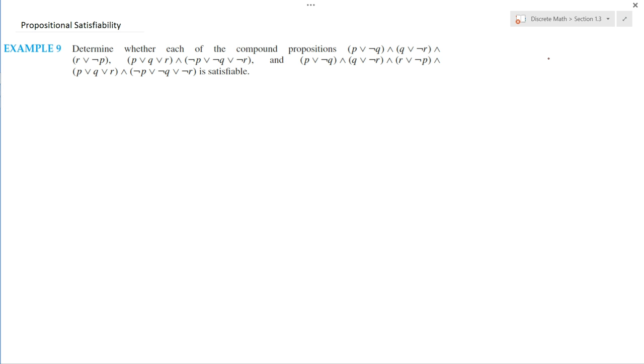It helps to note that a compound proposition is unsatisfiable if and only if its negation is true for all assignments. So we can write over here, if a compound statement is unsatisfiable, if and only if the negation is true for all assignments, is a tautology.